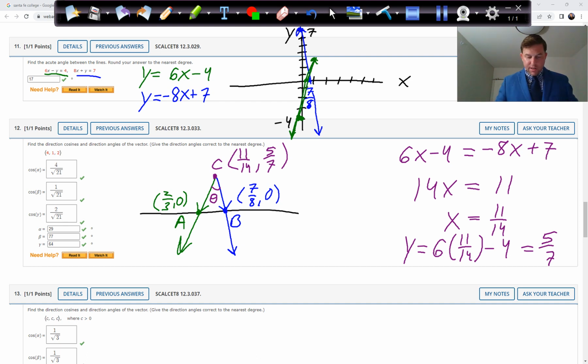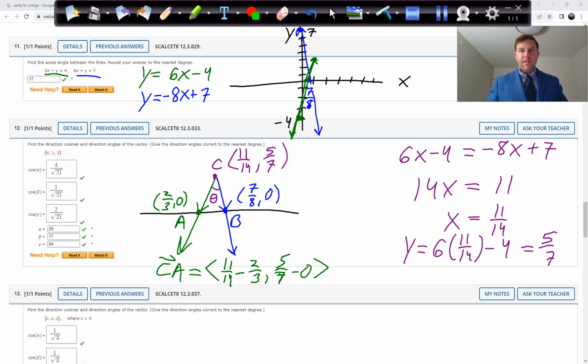Okay, so now we're going to get two vectors. We're going to get vector CA, which is the C component, which is basically 11/14 minus 2/3, comma, 5/7 minus 0.